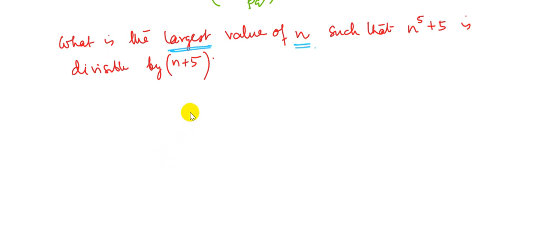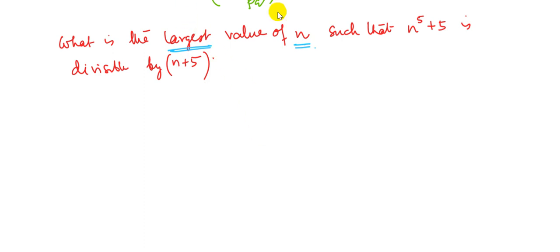If you do that, you will write n to the power 5 plus 5 is n plus 5 into some quotient, no remainder. But how will you find the value of n from here? You can't.